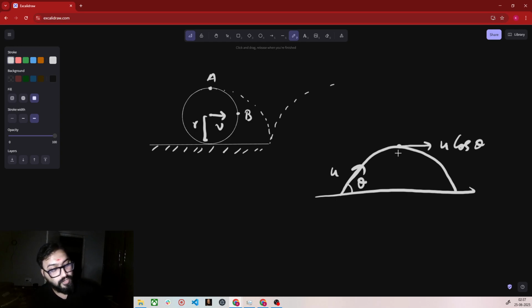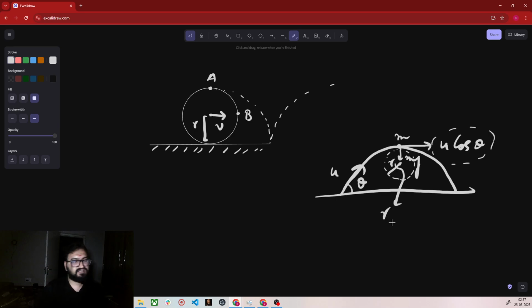In order to find out the radius of curvature at this particular point, we need to assume a circle, and the circle is such that this particle with mass m moves with this particular velocity in this circle with a radius, let's say, r, under the influence of an external force which is mg. Here r essentially defines the radius of curvature.